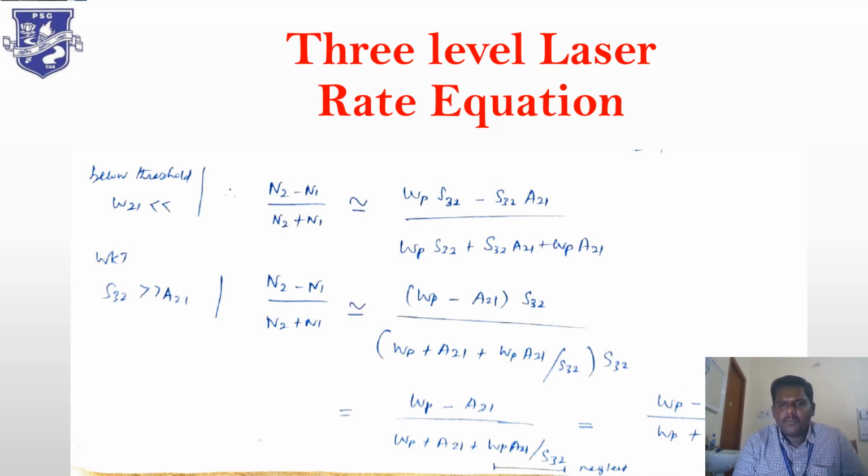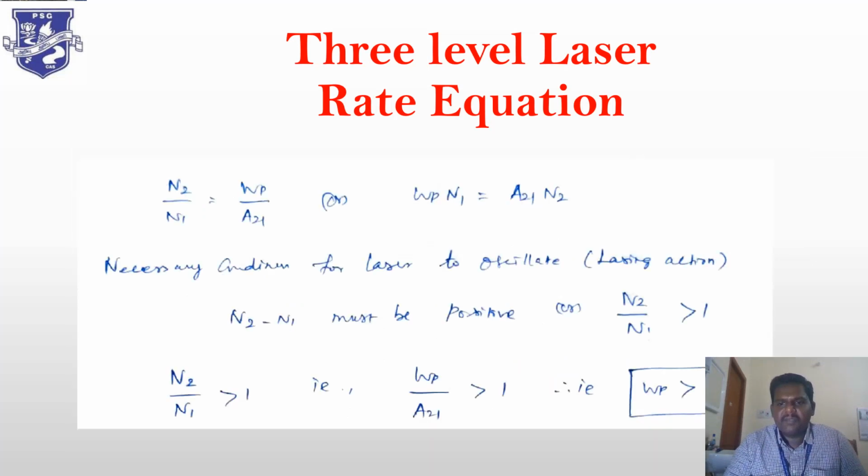If you look at this equation, WP minus A21 by WP plus A21, it is more or less the same as the left hand side equation, N2 minus N1 by N2 plus N1. The way it is written and the way it has arrived, it looks the same as the left hand side. So the left hand side and right hand side equations have the same kind of mathematical treatment.